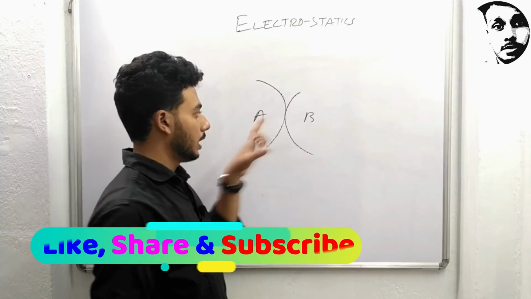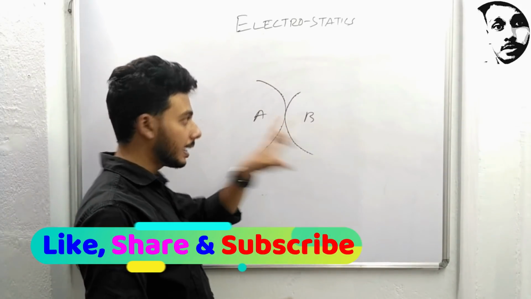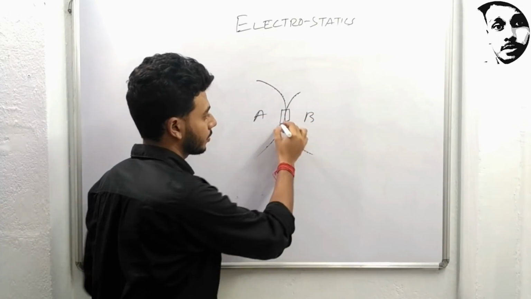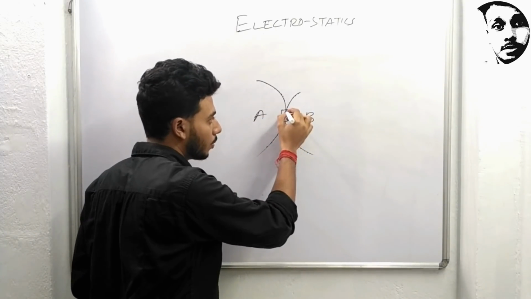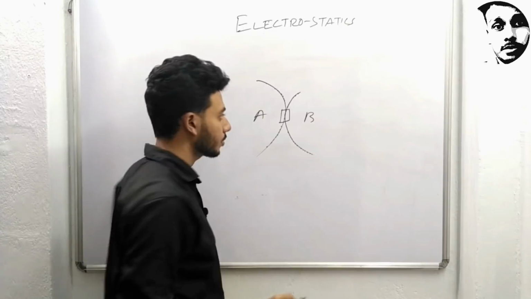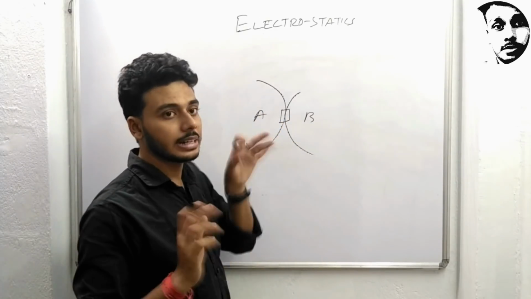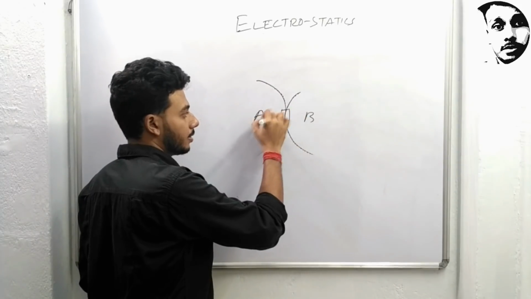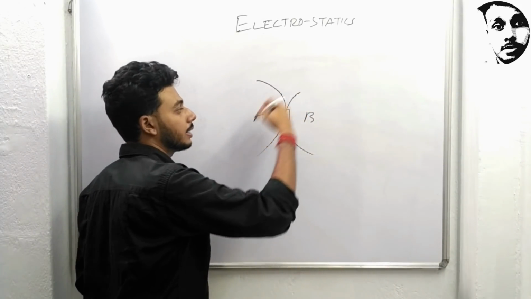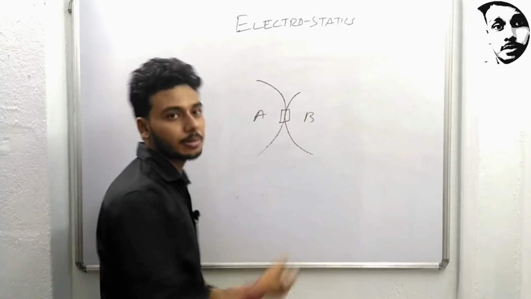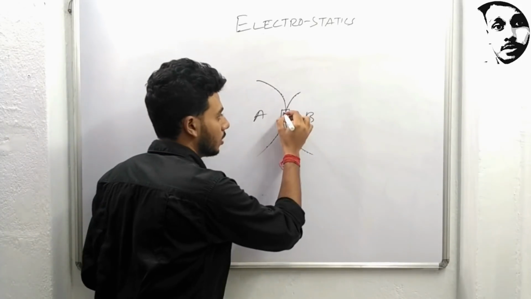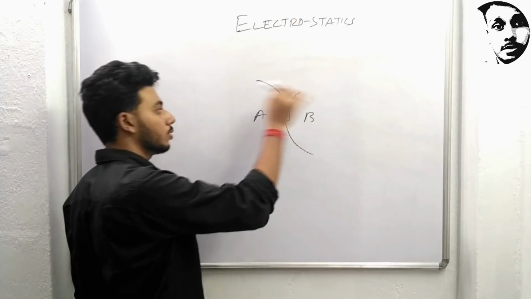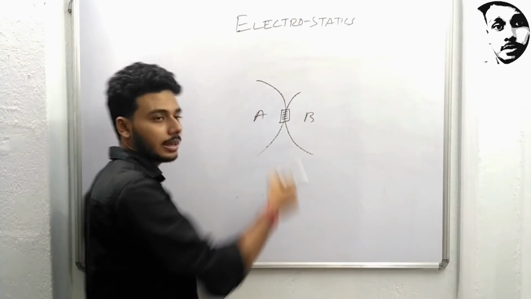Now, the surface level molecules at the point of contact, I am just talking about these molecules, will have a tendency to make a bond with each other. So the surface level molecules of A will have a tendency to make a bond with the molecules of B. Similarly, the B molecules will also want to make a bond with A.